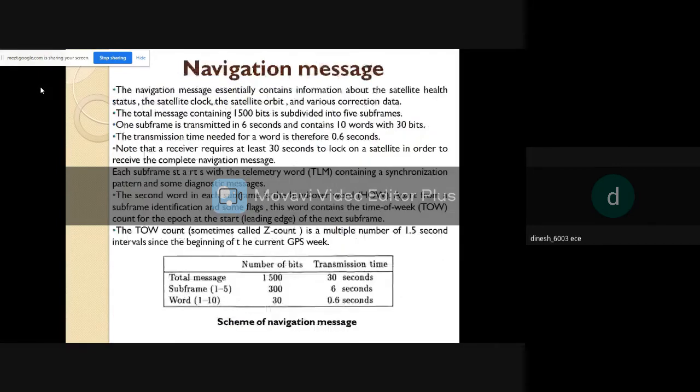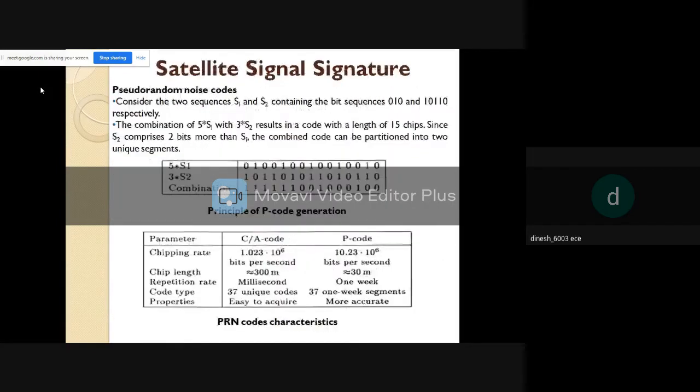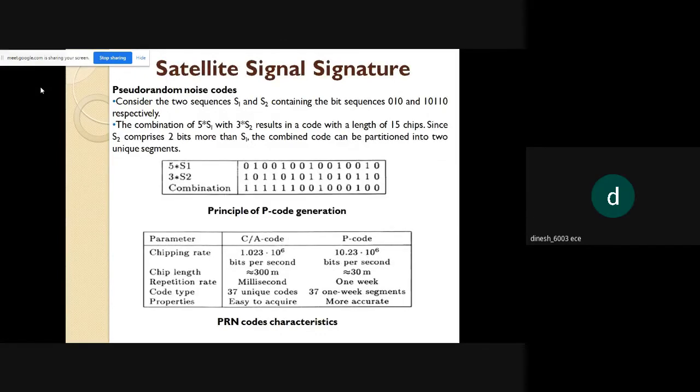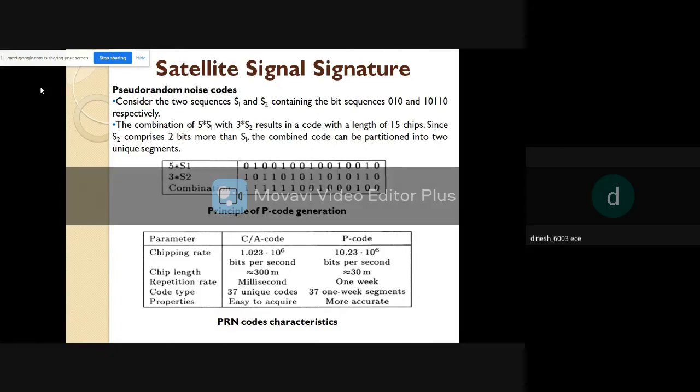These are your pseudo noise codes S1 and S2. For example, we take 010 for S1 and 10110 for S2. We'll use a combination of 5 S1 with 3 S2, which gives us 15 chips.